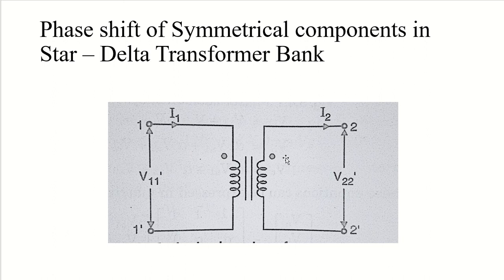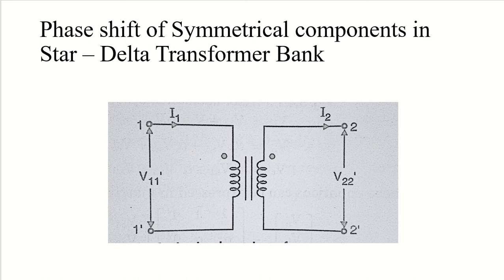I1 is entering, secondary I2 is leaving, so I1 will cancel out the ampere turns of the secondary current. Because of that, I1 and I2, with the directions indicated in the diagram, are in phase. If the direction of I2 is reversed, then I1 and I2 will be in opposite phases.